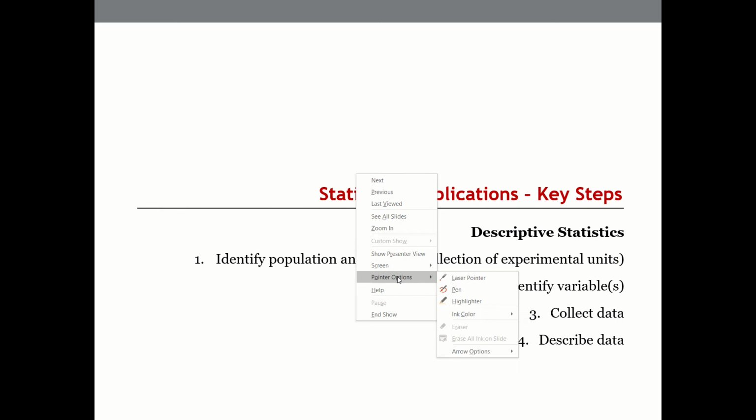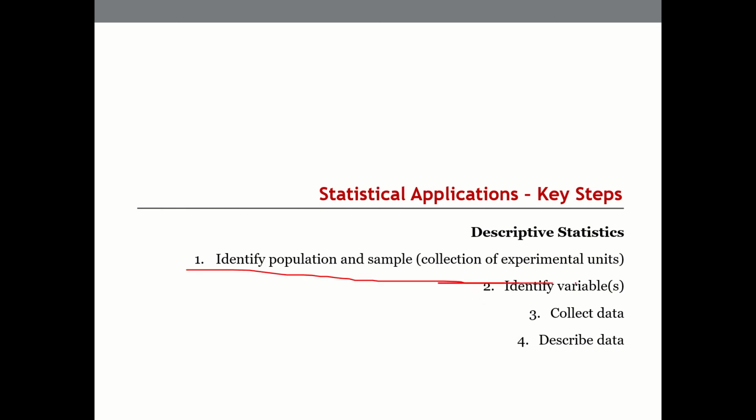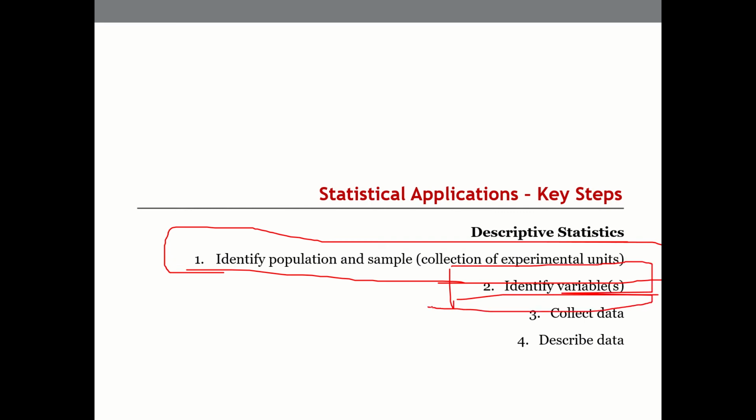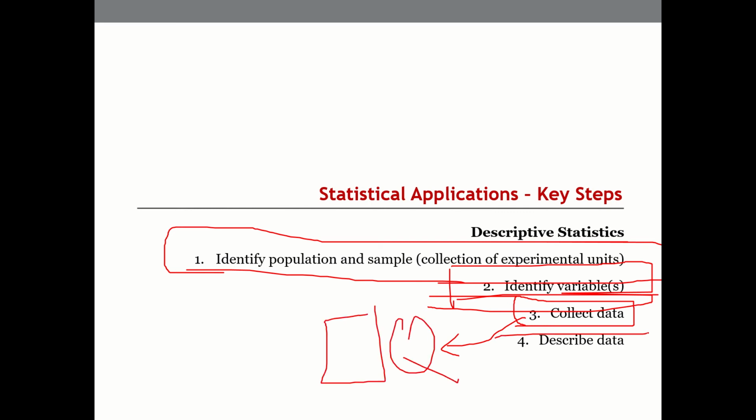Then we have to identify the parameters, or what our interest of study is within that population, collect relevant data regarding that question or objective, and then describe the results. So it is more of a descriptive nature.